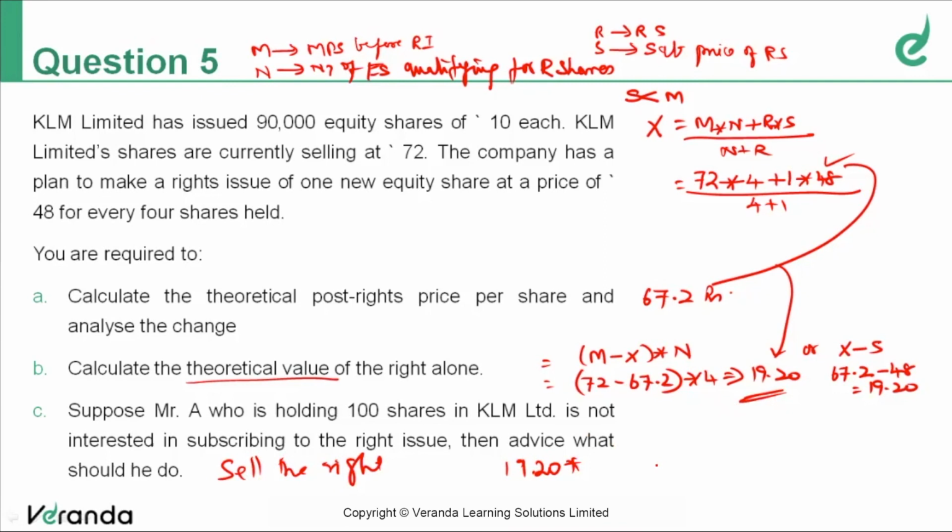Each right qualifies for 4 shares. How many? 4 shares that you have? 25. So 19.20 into 25. This is the price that he should quote. So he should charge 480 rupees.